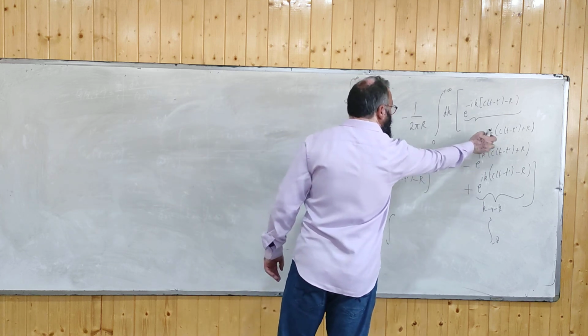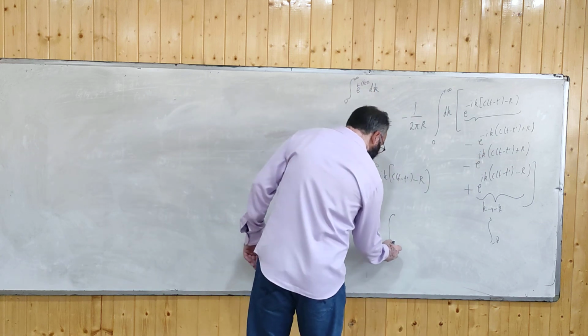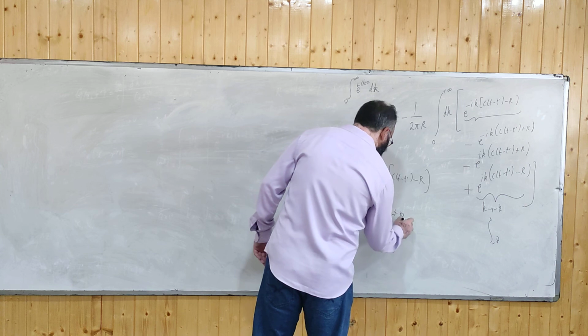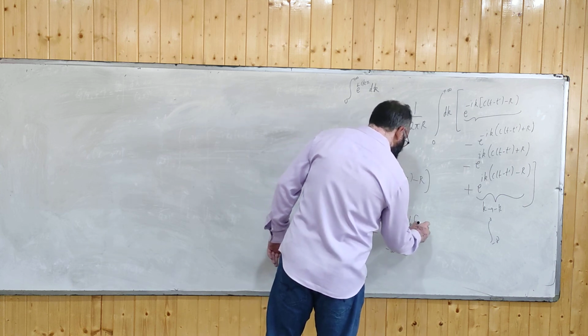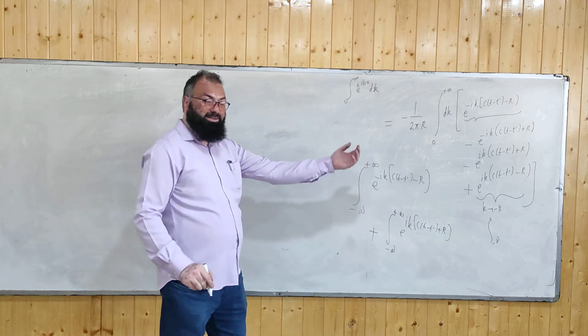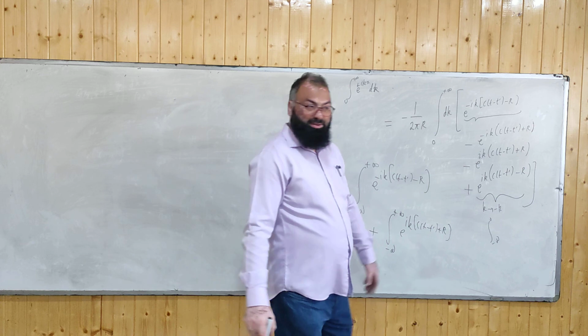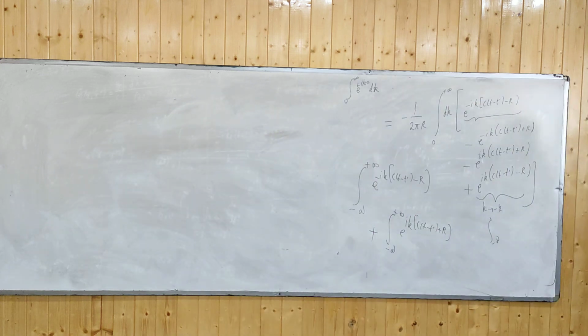So here you change k to minus k, and it will be minus infinity to plus infinity of e raised to the power i k c (t minus t prime plus r). Now what is the value of this very integral? It's a delta function. Clear? Samajh aaya? So these are two delta functions.